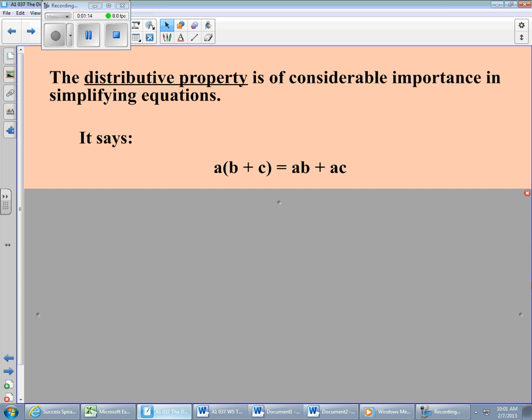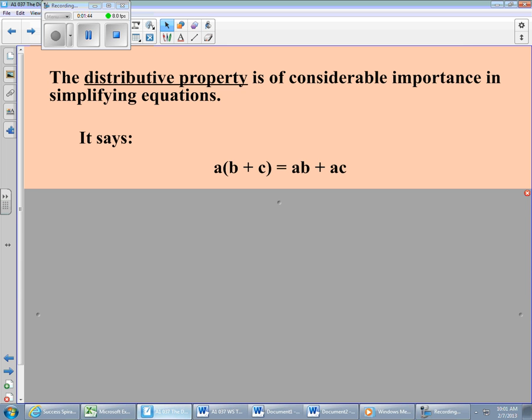The distributive property tells us that when this happens, you multiply that thing by every single thing that is inside of the parentheses. So A times (B plus C) is going to end up equaling A times B plus A times C.